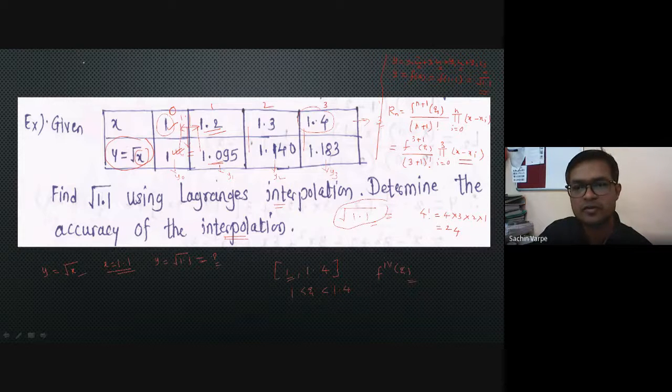So therefore Rn is equal to x minus x naught, x minus x1, x minus x2 and x minus x3 upon 24 into the 4th derivative of the function at zeta.